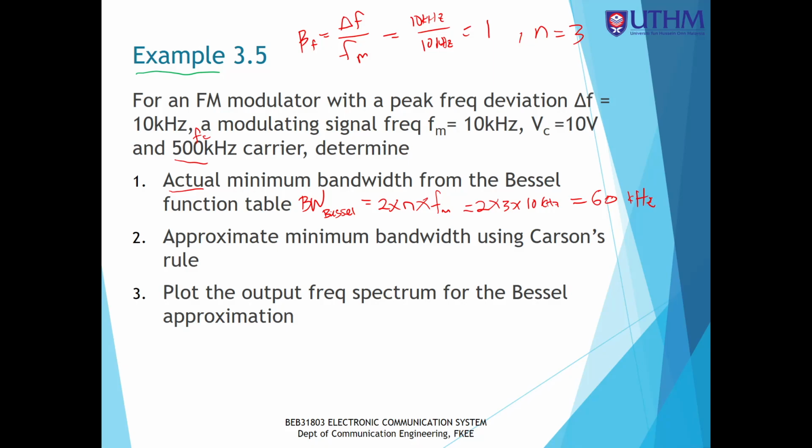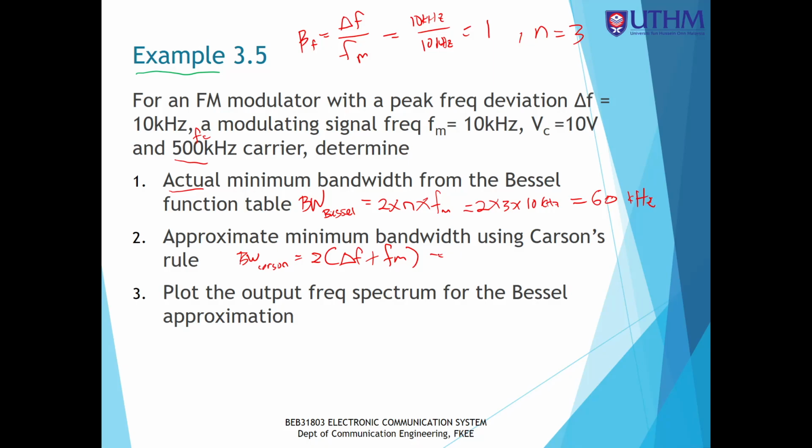Find the approximate minimum bandwidth using Carson. So now we want to find the bandwidth by Carson, which is equal to 2 times (delta F plus Fm).